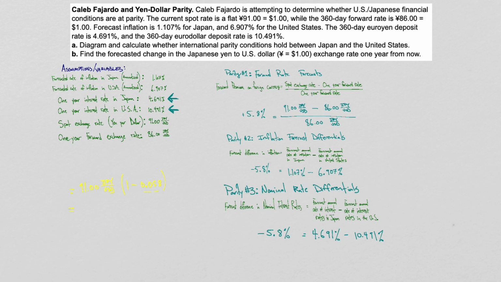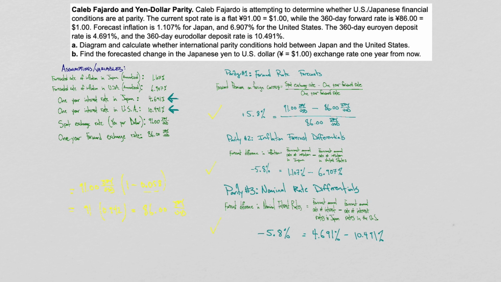If I simplify things here, we have 91, and then the stuff in the parentheses, that's 0.942. That means the yen is going to go to an exchange rate of, rounded, lo and behold, 86 Japanese yen to the dollar. And that's what we're getting just by going the other way around with each one of these parity condition checks.